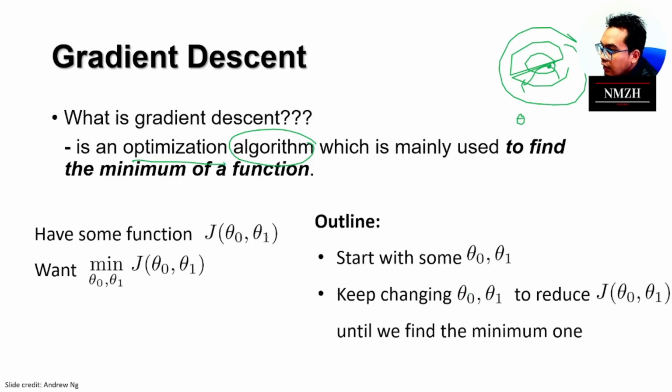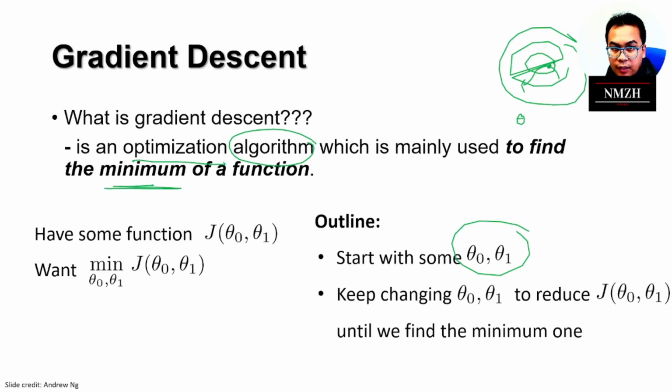Obviously, we need to have one start point. So let's say we put in any kind of value randomly, and we just start over there. So how it goes is going down into the deep hole. That would be the idea, to find the minimum.